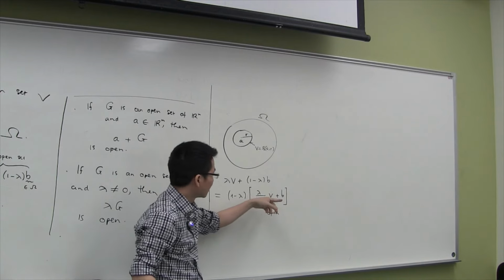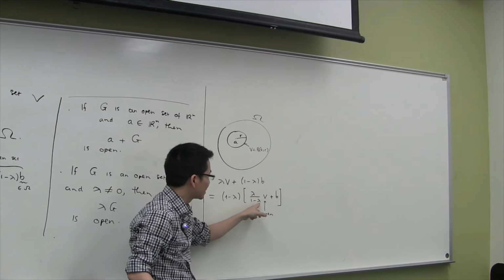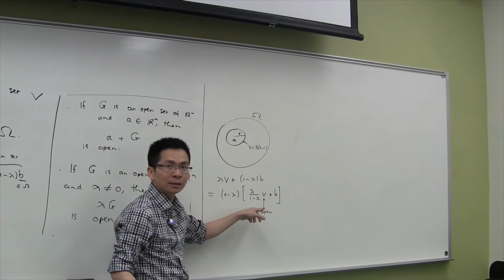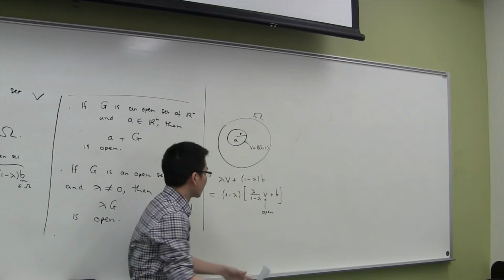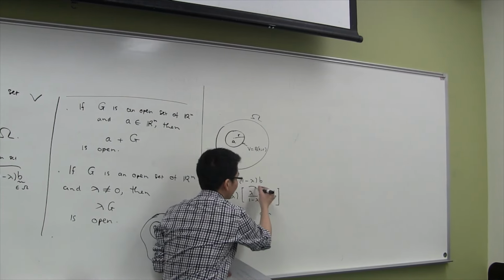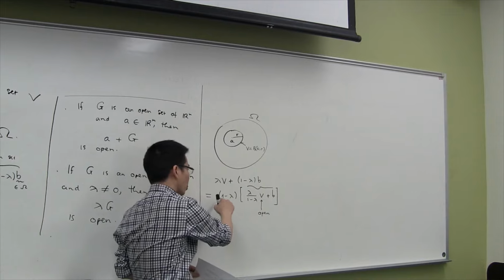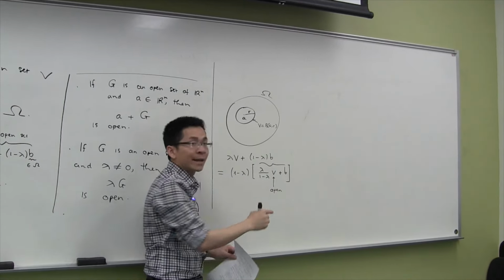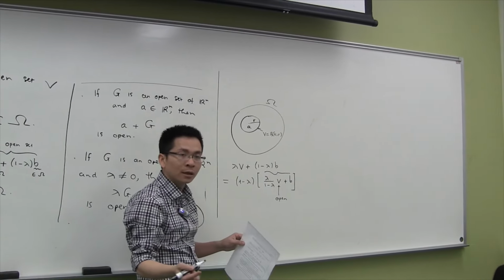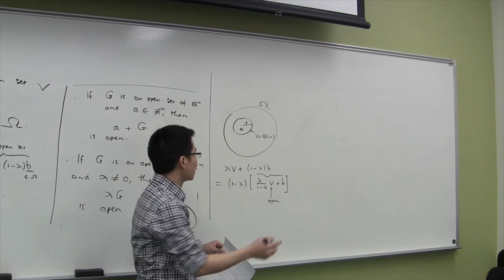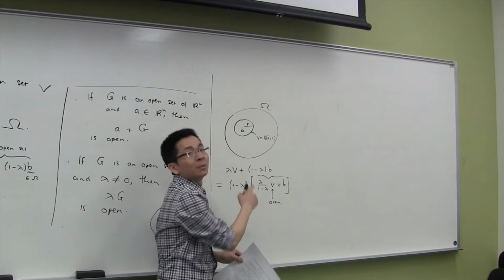And then B plus this set is also open. And finally, because this new set is open, when we multiply by 1 minus lambda, which is a non-zero scalar, we have a new open set.